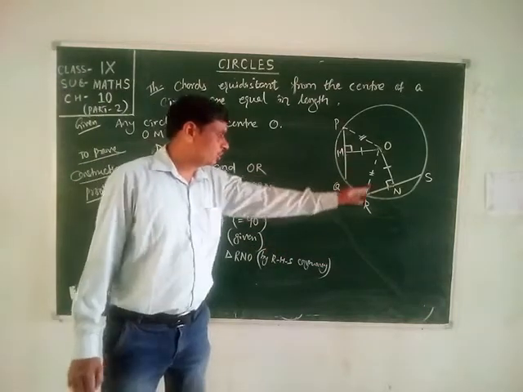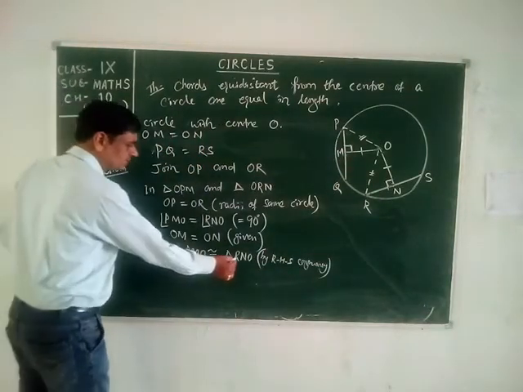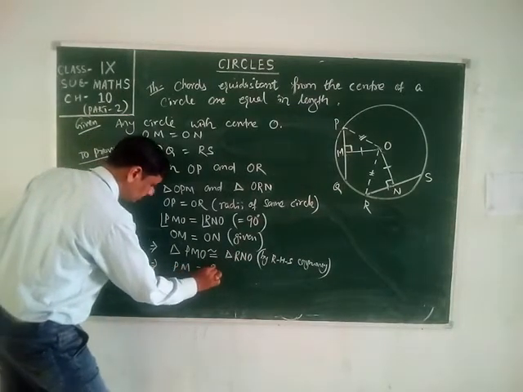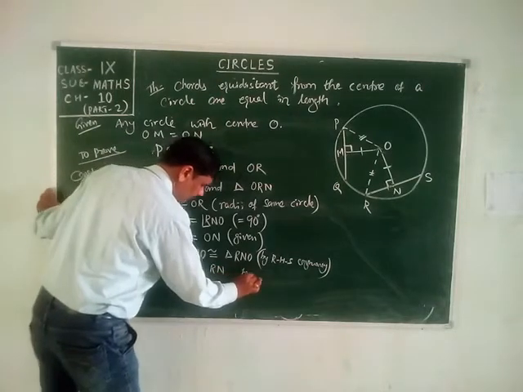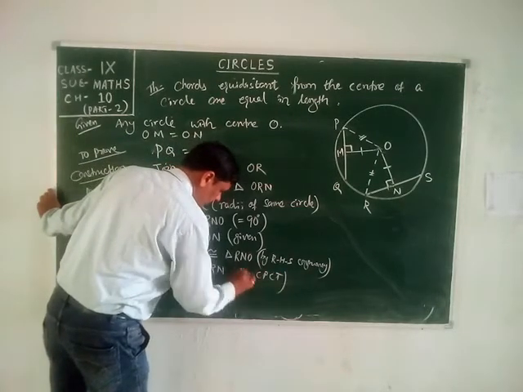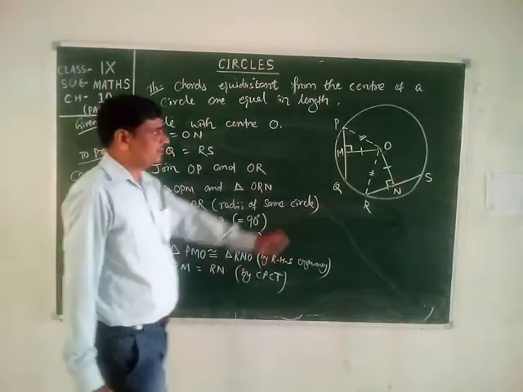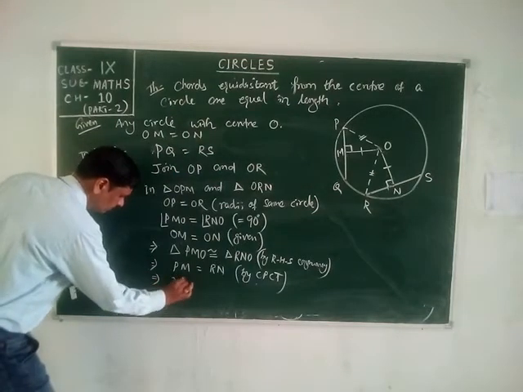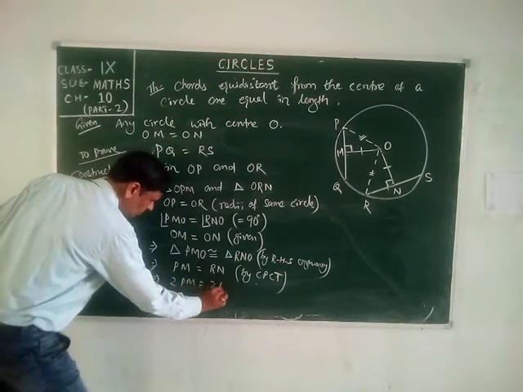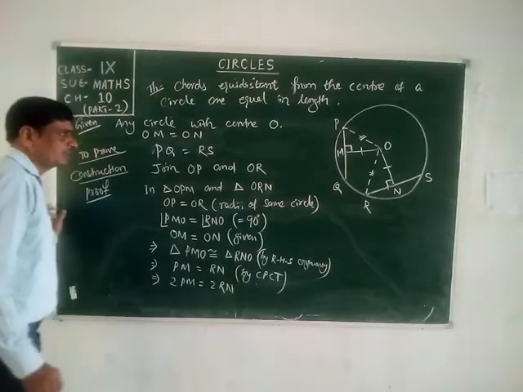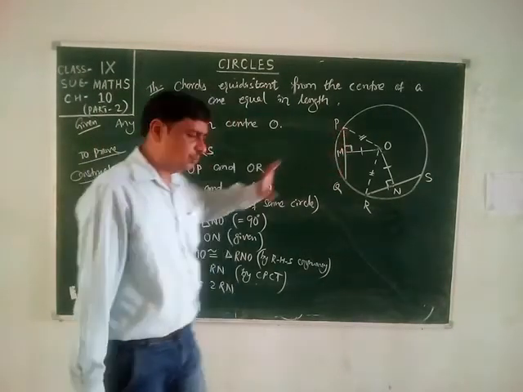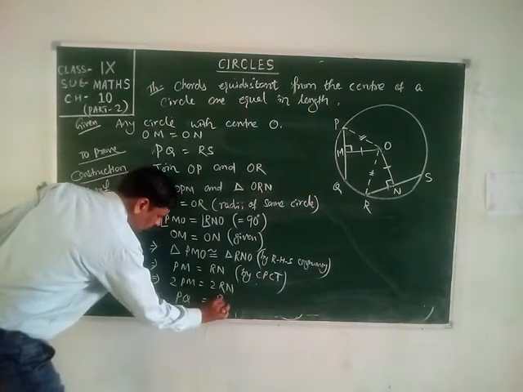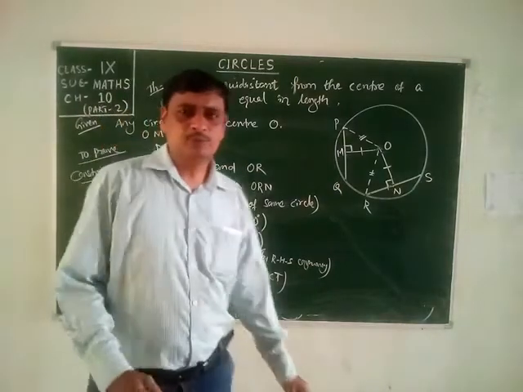Since both are congruent, PM becomes equal to RN. This implies 2PM becomes 2RN. 2PM is PQ and 2RN is RS, so PQ is equal to RS. It is proved.